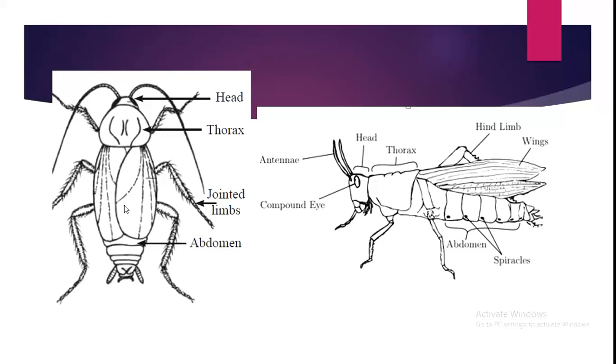Some of the arthropods possess wings. As they have a huge diversity, they exhibit every mode of feeding. These animals show sexual dimorphism. That means there are male animals as well as female animals. They perform sexual reproduction.